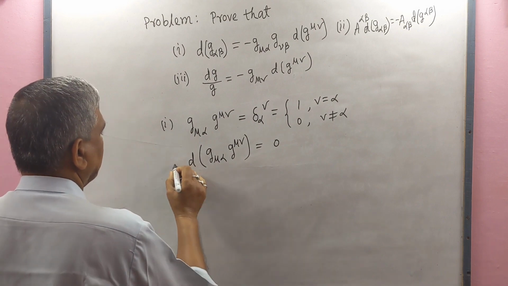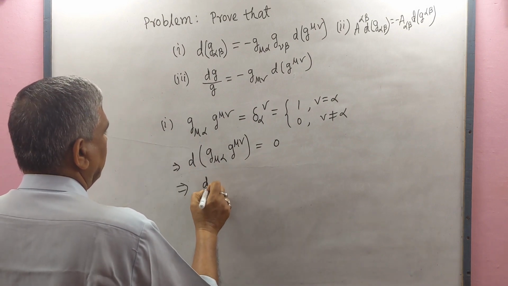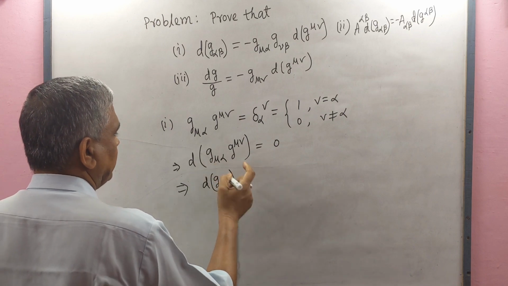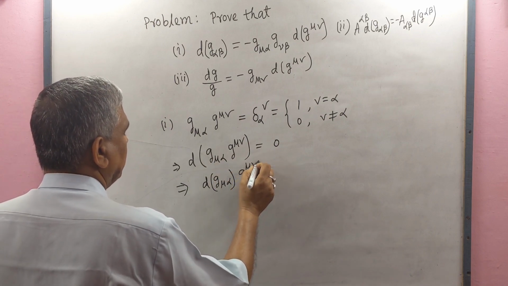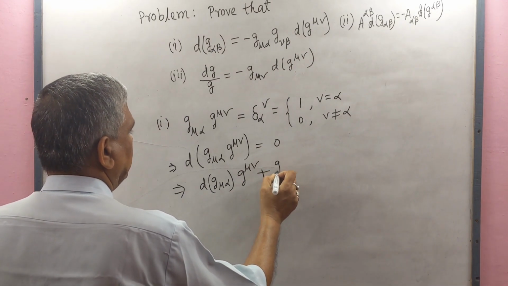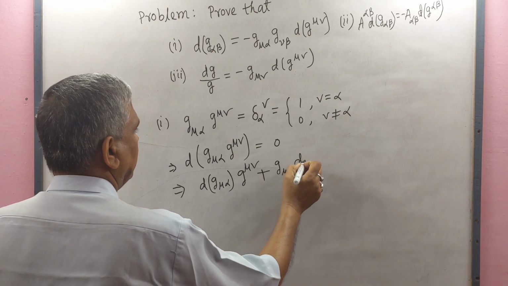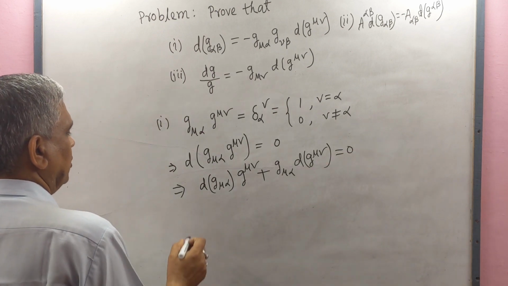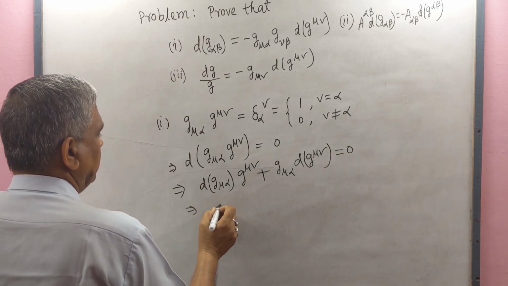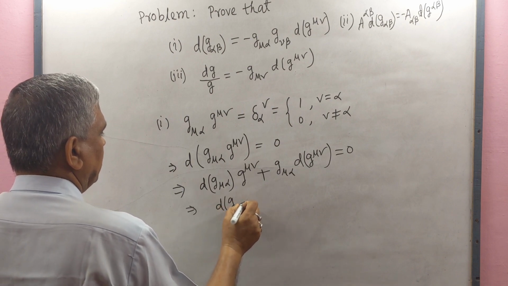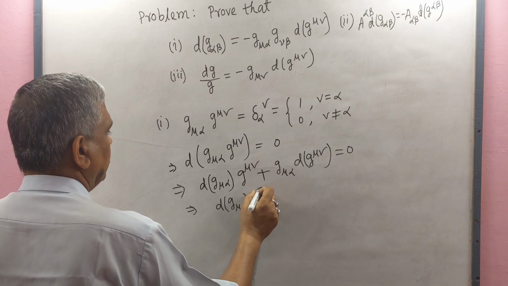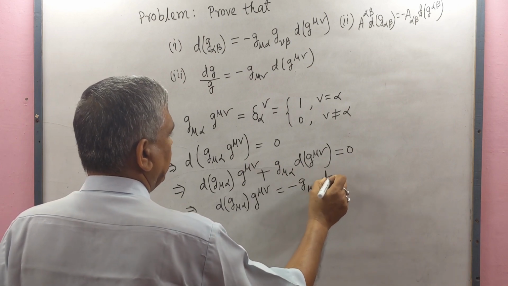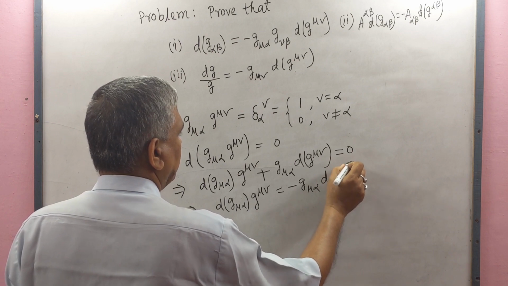So we may write d g^mu alpha, differentiating the first, second constant, g_mu nu plus g^mu alpha d g_mu nu equal to 0, which implies that d g^mu alpha g_mu nu equal to minus g^mu alpha d g_mu nu.